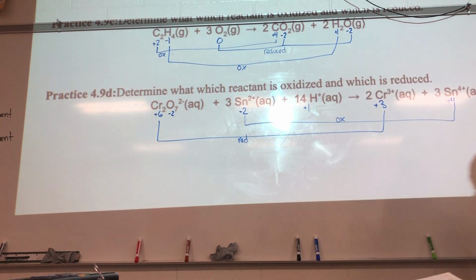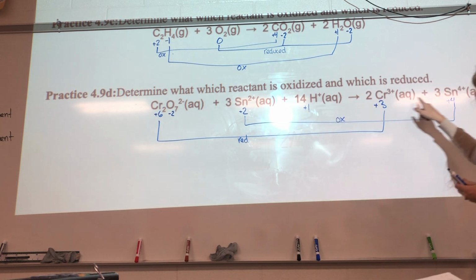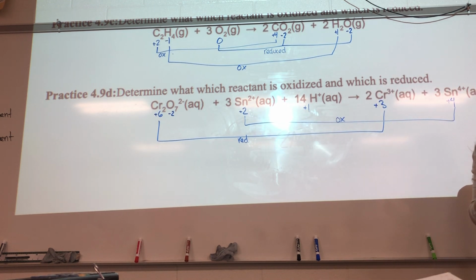Yeah, Calvin. So I have questions like, how do I tell that it's oxidized? So it's all about the change, right? When the number goes more positive, it means it's giving up electrons, because electrons are negative, right?